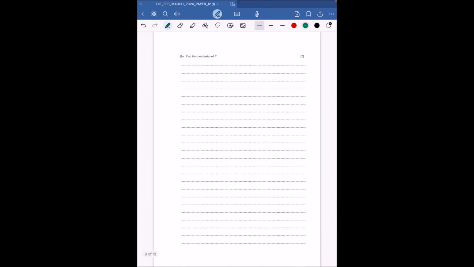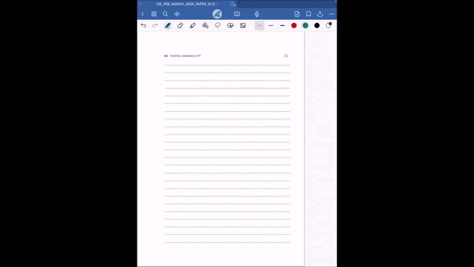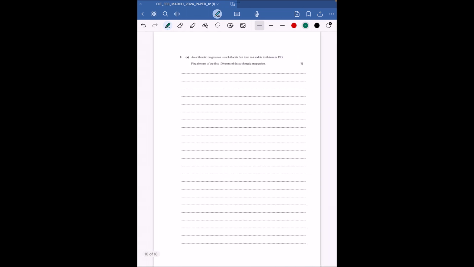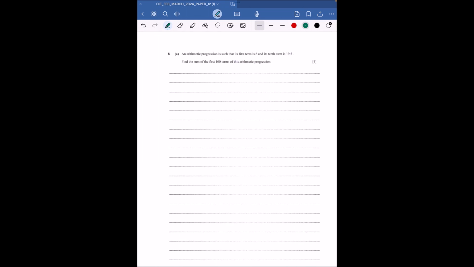So that's why it's 2 marks. Don't need to do much there. All right, 8, sequences. This is another one I would have done. First 3 questions I would have done: integration, differentiation, sequences. They are direct questions, not like functions or trigonometry. They have to confuse you.